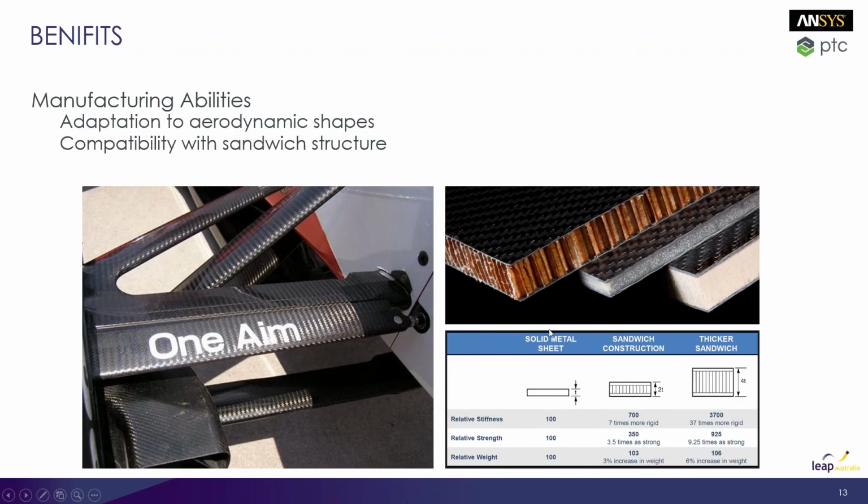So we're talking about relative stiffness to a solid metal sheet. The moment we introduce this sandwich composite structure and we make it twice as thick, we're talking 7 times more rigid, 3.5 times stronger and a very, very negligible increase in weight. So this technique of integrating sandwich structures into your vehicle can just improve the stiffness of the vehicle just a lot.